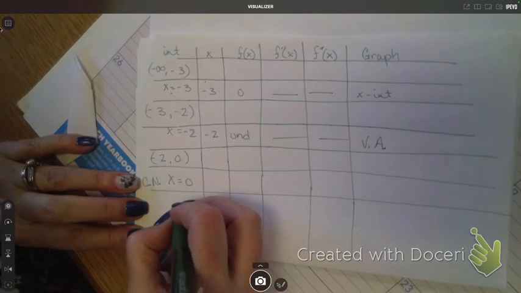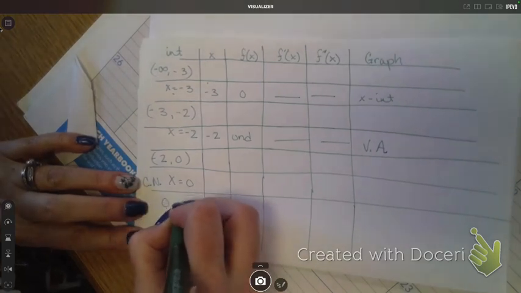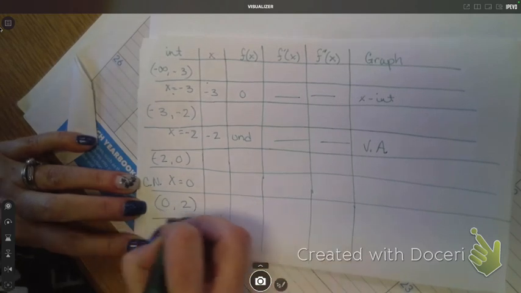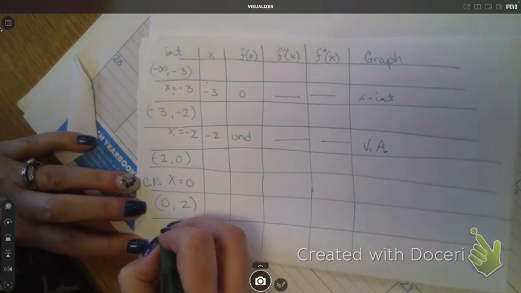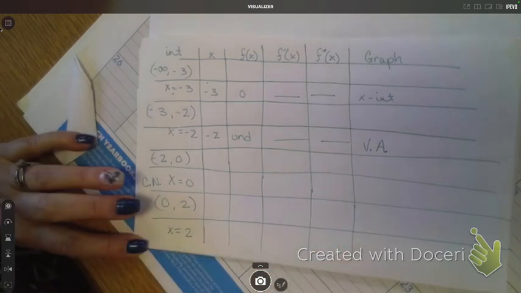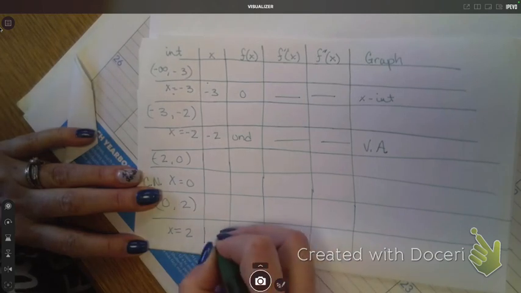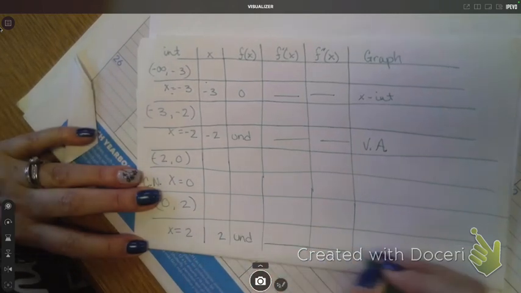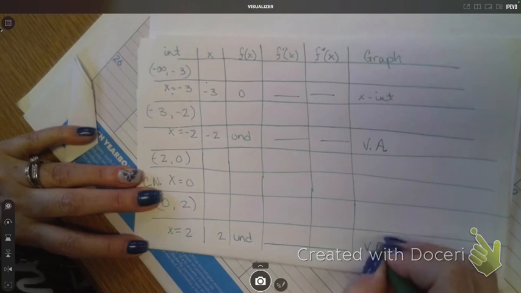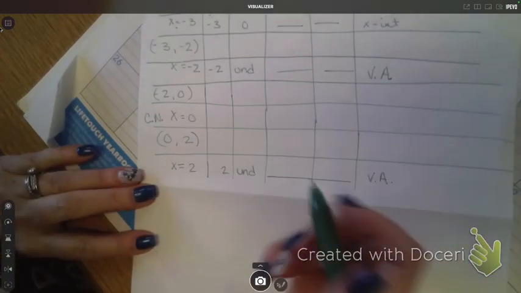So then 0 to 2. And x equals 2 was a vertical asymptote. I'm writing kind of big because you guys are looking at it.